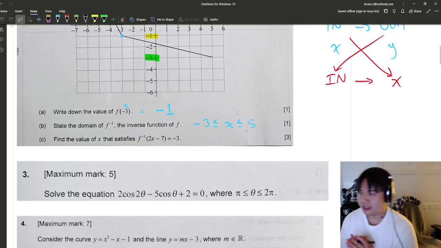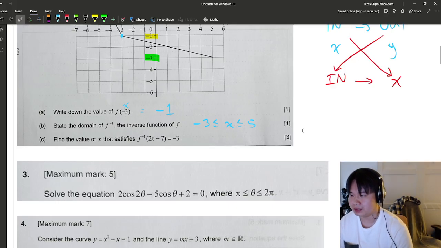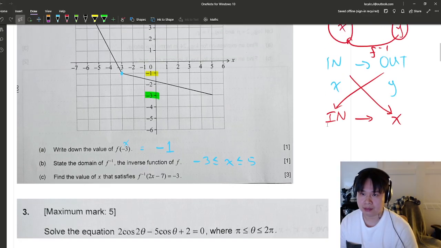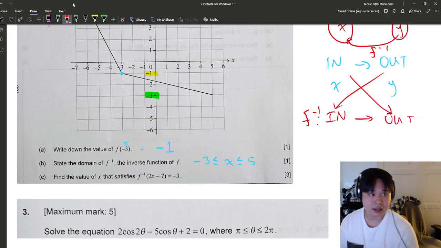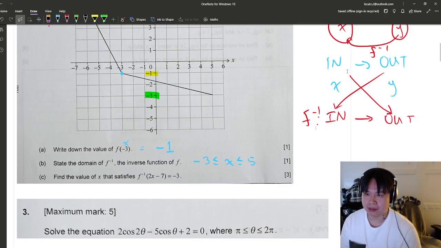Okay, and then find the value of x that satisfies this. So inverse of stuff equals -3. Okay, so keep in mind that the output of the inverse is the original input for the original function.